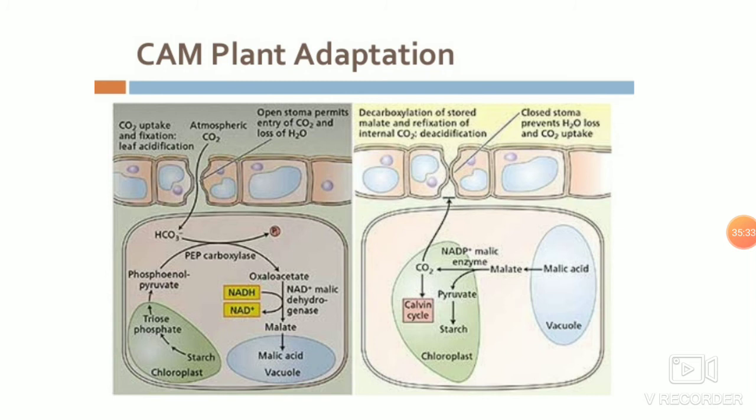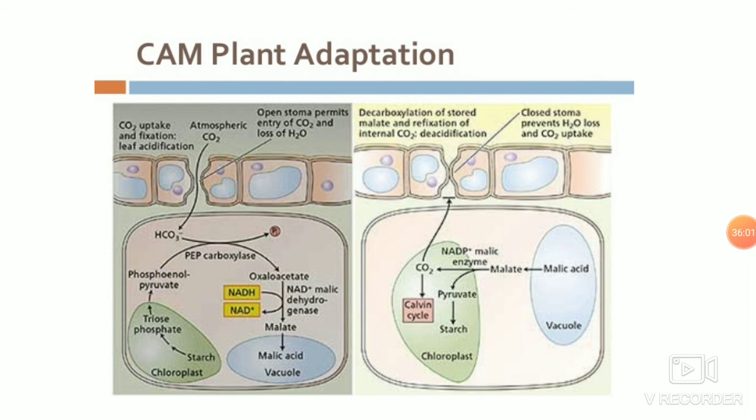In the daytime, the malic acid is released out of the vacuole, and then you have generation of carbon dioxide in the chloroplast, and then the Calvin cycle gets done. But in the night, you have the phosphoenol pyruvate carboxylase activity, where carbon dioxide is taken in and converted to bicarbonate.